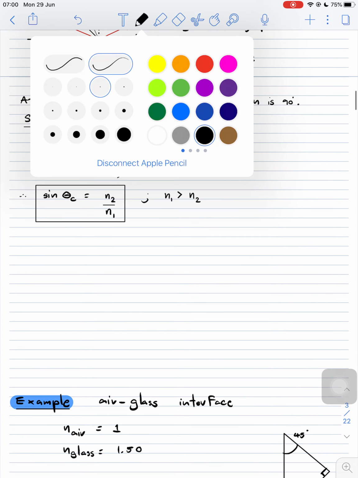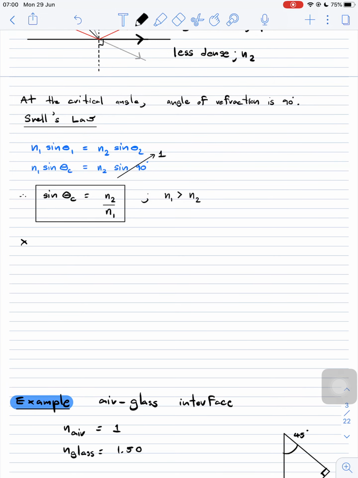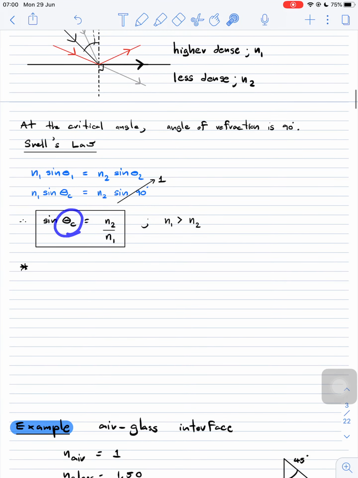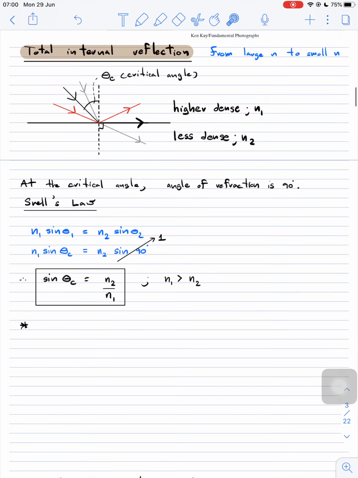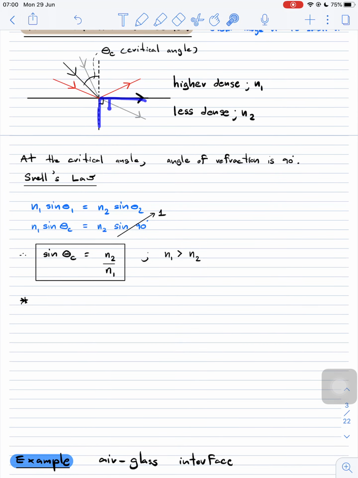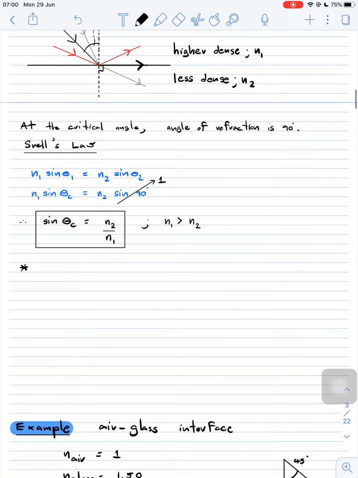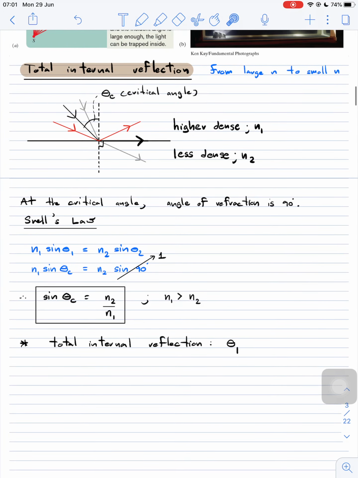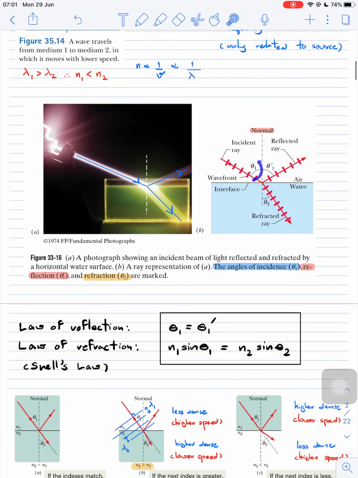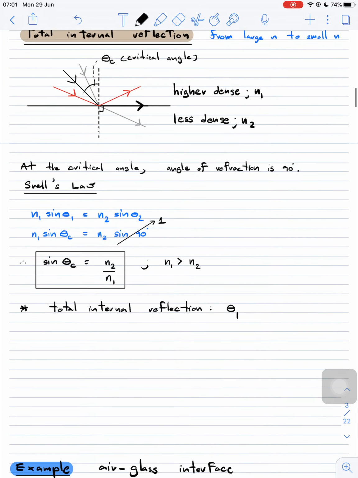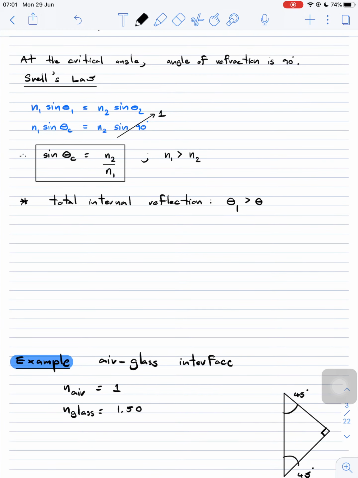One more thing we can get from this equation. This theta c, the critical angle, is the angle where the angle of refraction equals 90 degrees. If we want to have total internal reflection, then theta 1, the incident angle, must be greater than the critical angle.